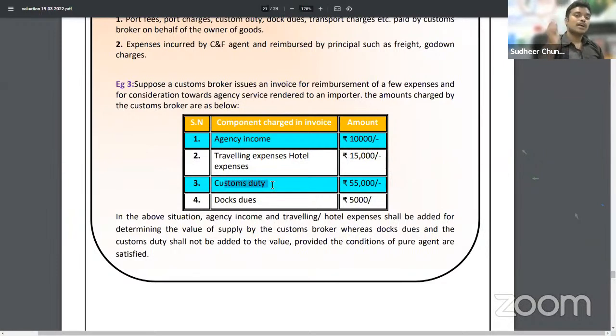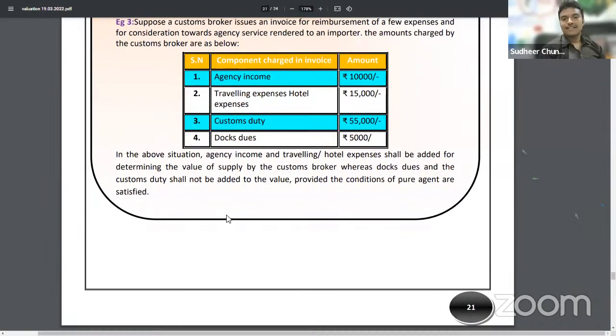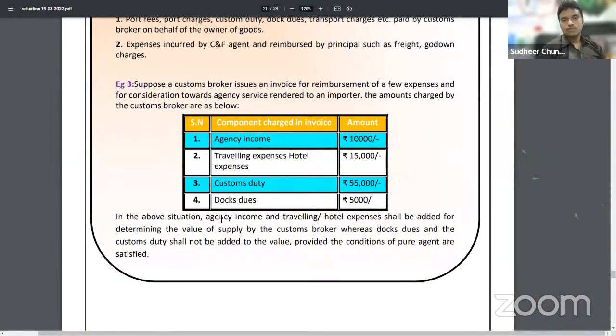But customs duty, in whose name will we pay? The customs broker will pay customs duty in the name of the importer. Dock dues, that means any payment to port authorities, also will be made in the name of the importer. That means we are acting as an agent for these 2 points. But these two we are claiming from the party. So on 25,000 GST will be levied. So only on agency income and traveling expenses GST will be levied.